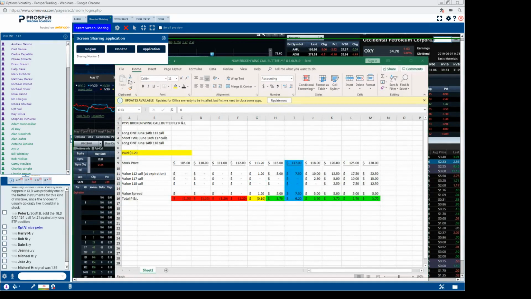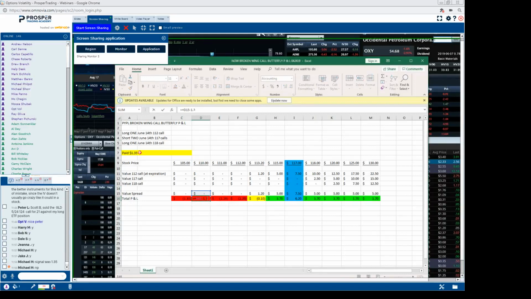The Baba and PayPal. It was not Baba, Adobe. It was Adobe that we got in better. Thank you for correcting me there. Now that makes the maximum loss 135 and 135. And now the break even then would be 113.35.